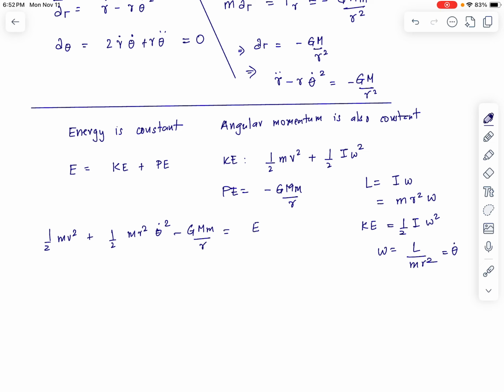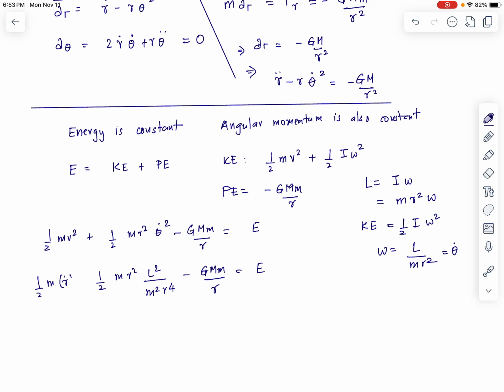So that's what it is, and theta dot is essentially L divided by m r squared. So we'll write this as half m r square L square divided by m squared r to the power 4, minus G capital M little m divided by r equals E, and here is half m, and v is nothing but r dot.